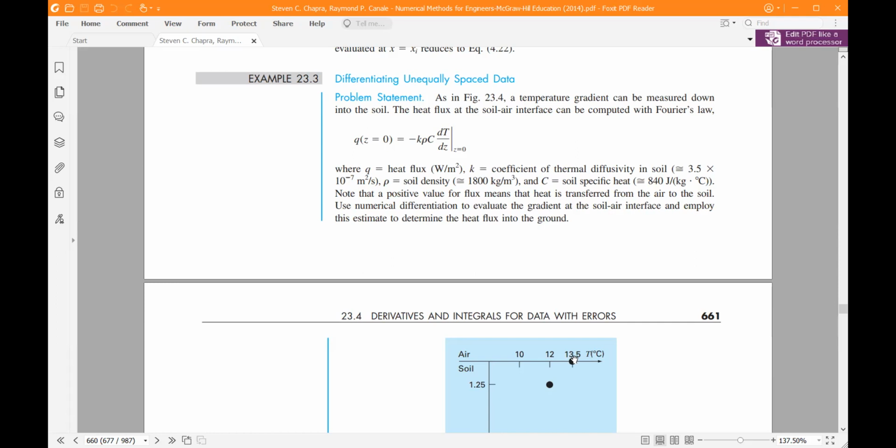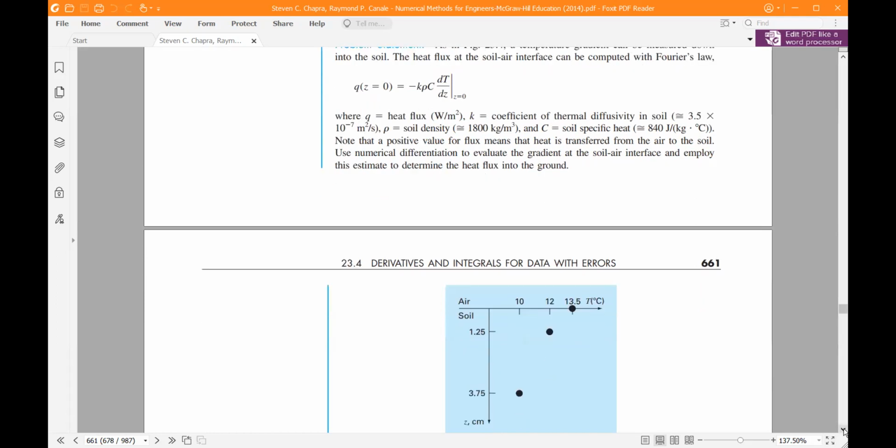It has been determined by experimental observation that, going inside the soil, the temperature data are not equispaced.